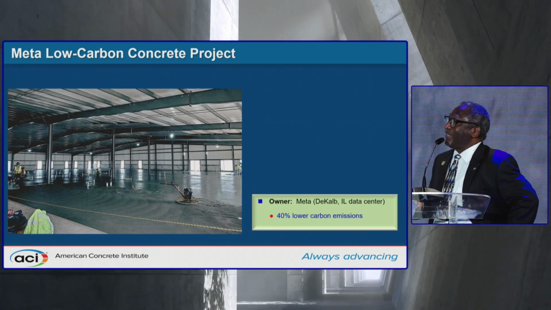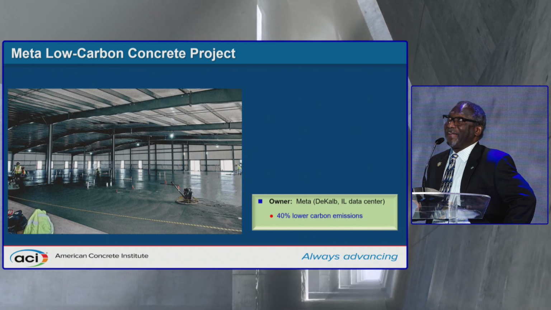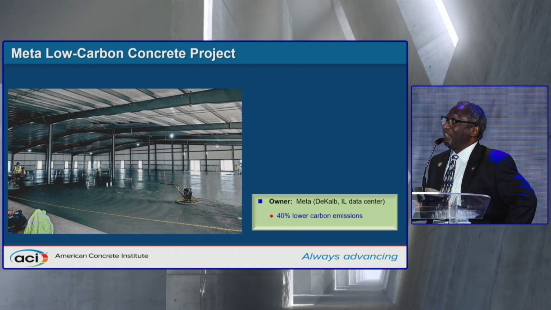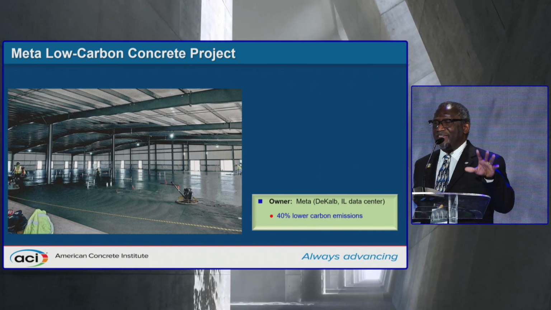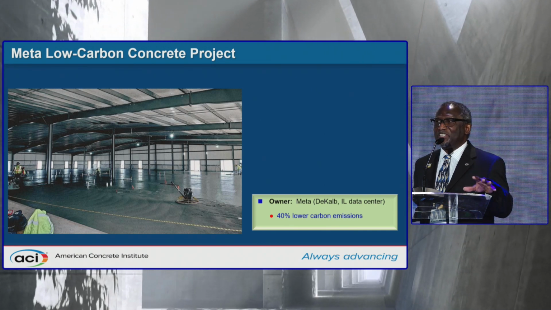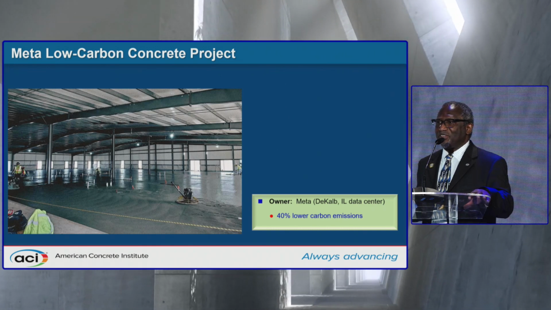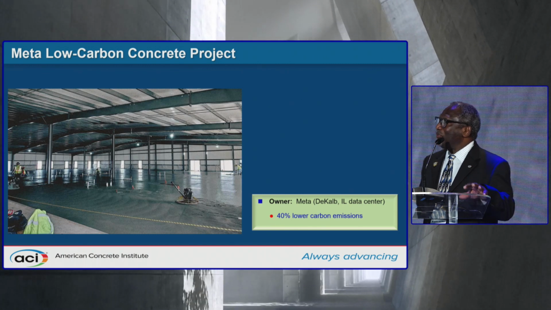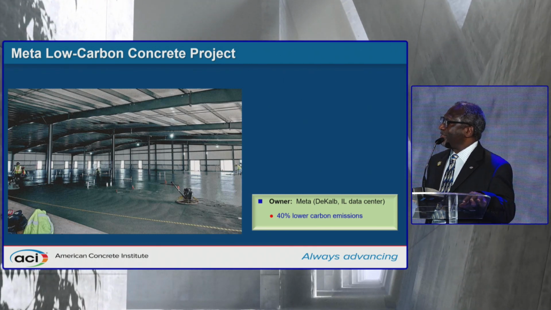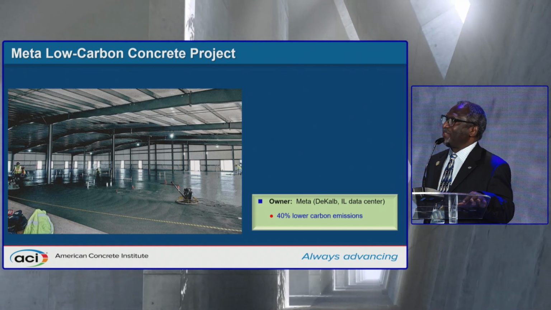Now, this is a project that Meta did just back in April of this year. And what they ended up doing was they leveraged their resources with respect to artificial intelligence and worked with two professors at the University of Illinois Urbana-Champaign, and a concrete producer to optimize the concrete producer's concrete mix and come up with a mix that had 40% lower carbon emissions.